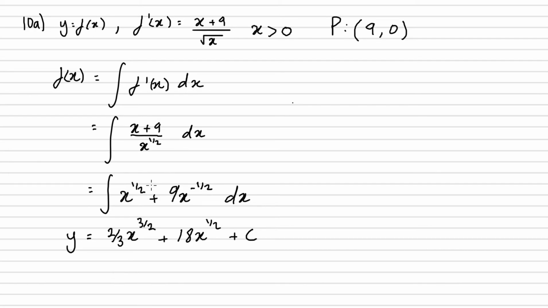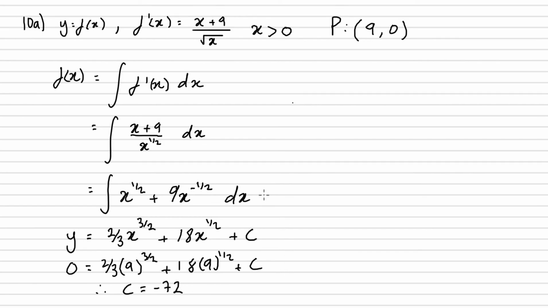So if you do that, you get 0 equals 2/3 multiplied by 9 raised to the power of 3 over 2 plus 18 multiplied by 9 to the power of a half plus c. You can therefore show that c is minus 72.